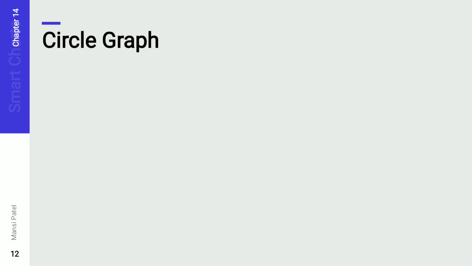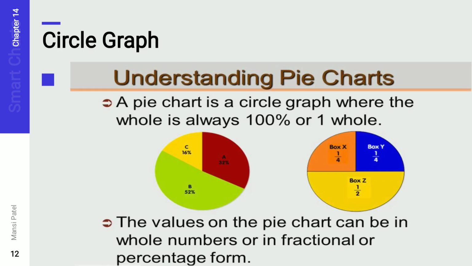Now, circle graph. Circle graph is known as the pie graph or a pie chart. The information which is collected in a survey is represented on one circle. That's why it is known as the circle graph. And the another name for the circle graph is pie chart. So, a pie chart is a graph where one whole circle is given, and one whole circle means 100% or one whole.